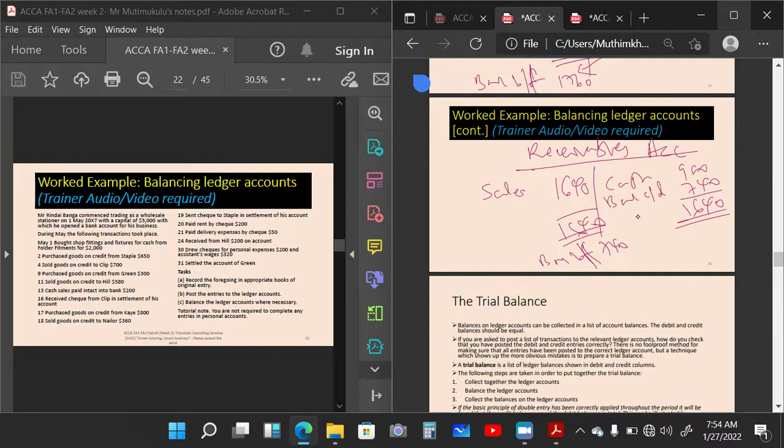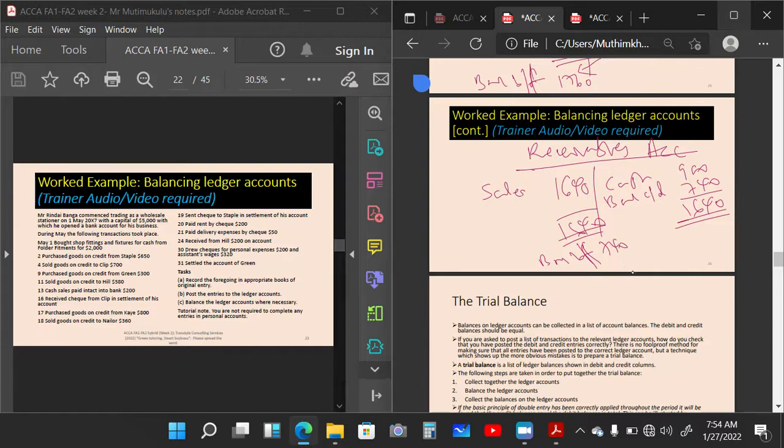Ladies and gentlemen, let's meet in the last segment of our audio, and I'm sure about balancing up transactions we've done justice. So let us now go straight to the trial balance. You can finish the other ones just to attempt for yourself.